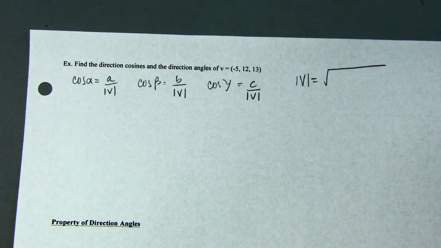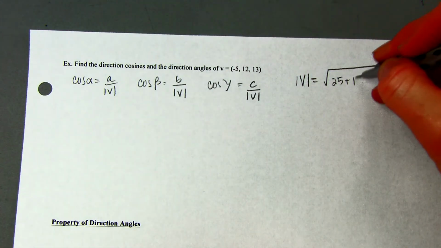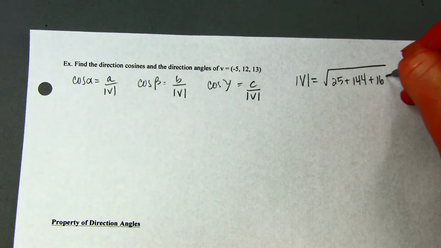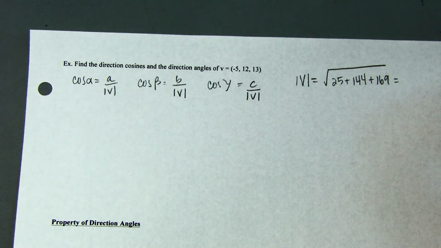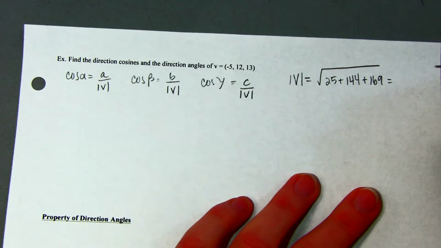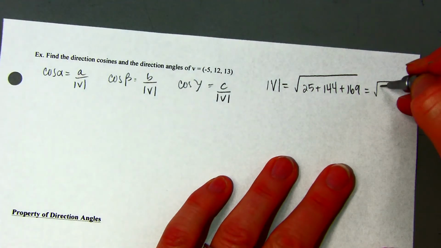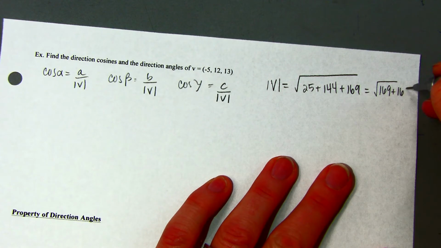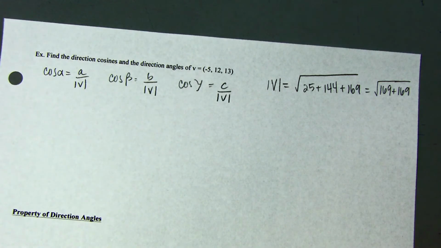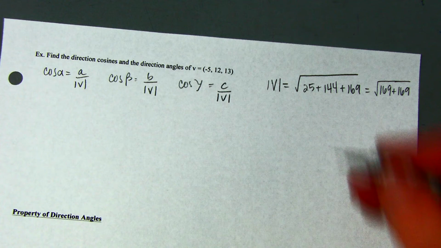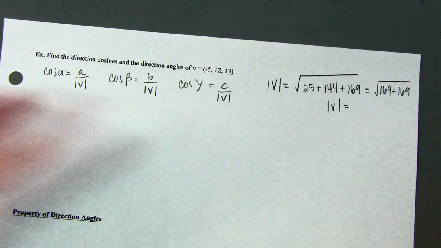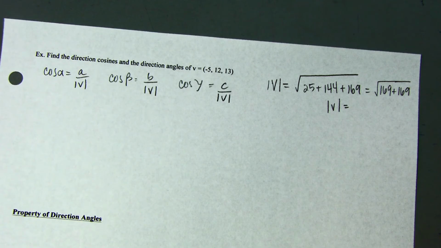So let's see, 25 and 144 and 169. 169 plus 169. In simplest radical form, what is this root? 13 root 2.